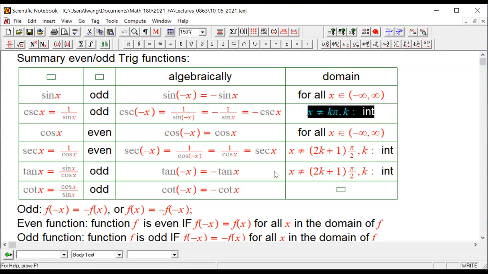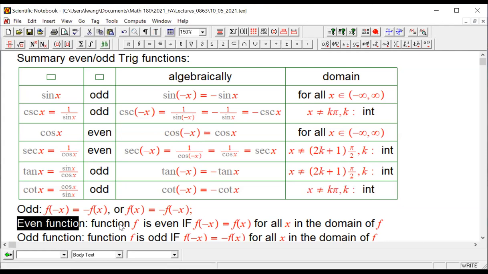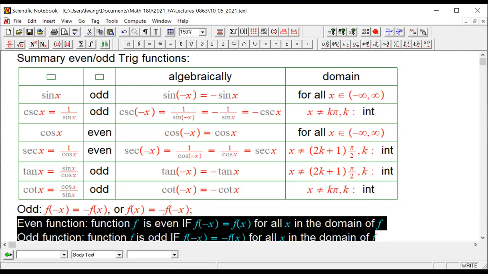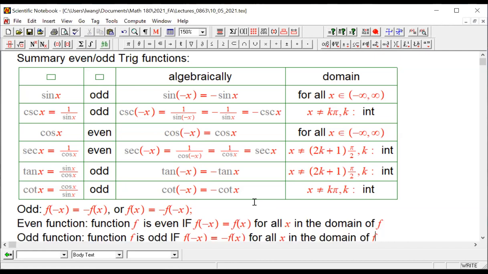There. Boom. So now we have addressed the definition of even function and odd function. Whenever you mention even function or odd function, we need to be mindful of the domain, whether it is even or odd or neither. Any other questions?